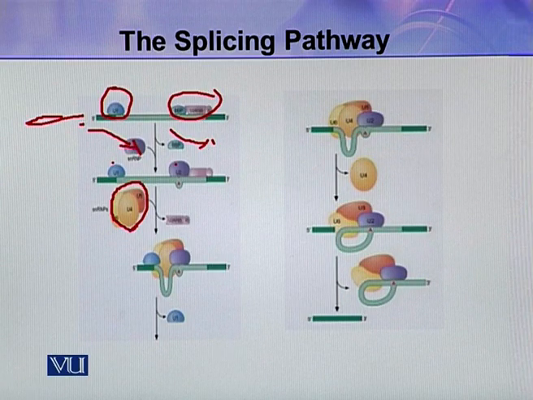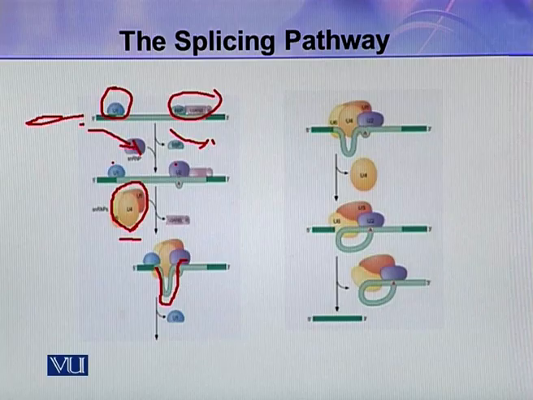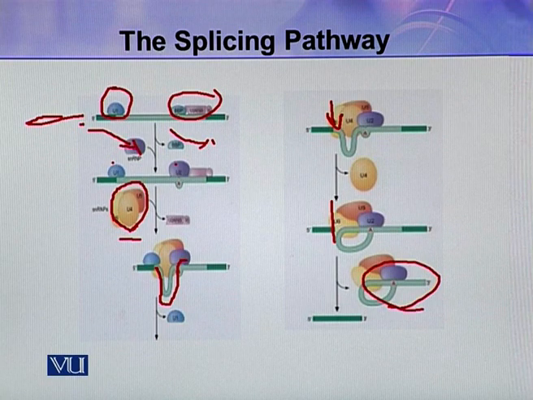By attachment of this group, a bulge is formed, and this bulge causes the A to get closer to the 5' splice site, and then this is removed, and then finally this intron is removed. So these are the different steps in a splicing pathway.